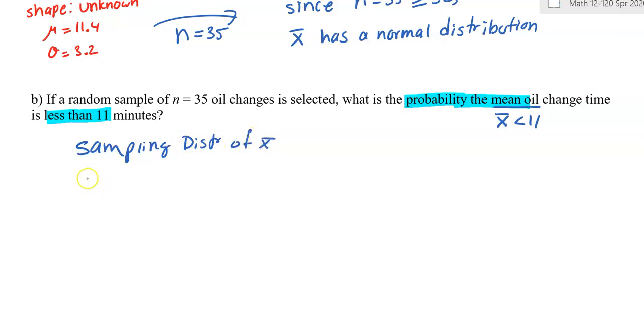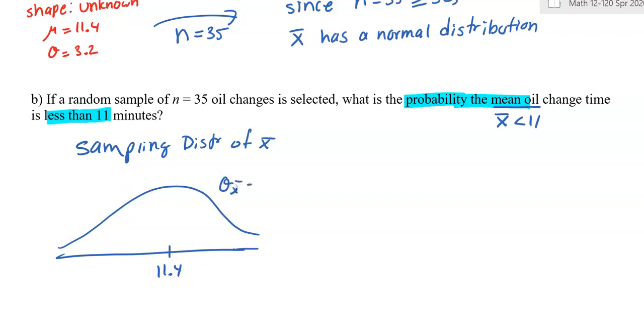I'm going a little fast because I'm running out of time, but we know it's normal. Its mean is 11.4 and the standard deviation is 3.2 divided by the square root of 35. So we want an oil change mean time of 11 or less than that.